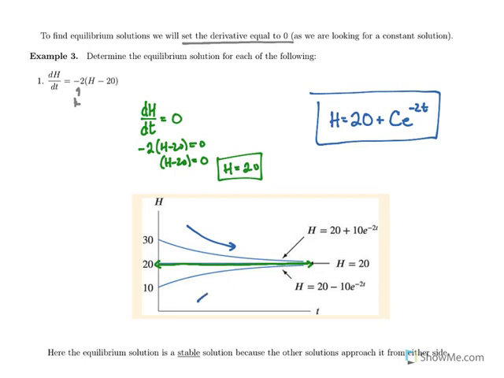And if c is less than 0, we're going to approach it from below. But all the solutions are going closer and closer to that h equals 20. So that's what we see as a stable solution, as opposed to an unstable solution we'll look at on the next page. So again, if all the other solutions, we can just look at a couple, are approaching that equilibrium solution, that's known as a stable solution.